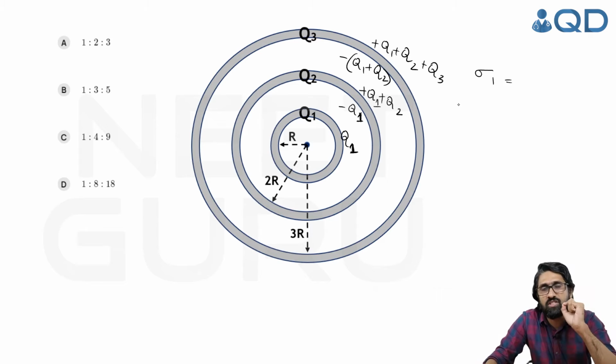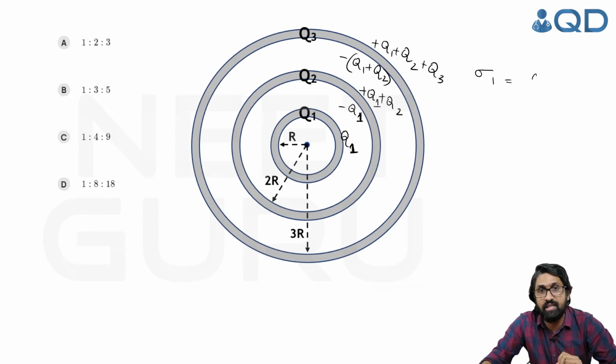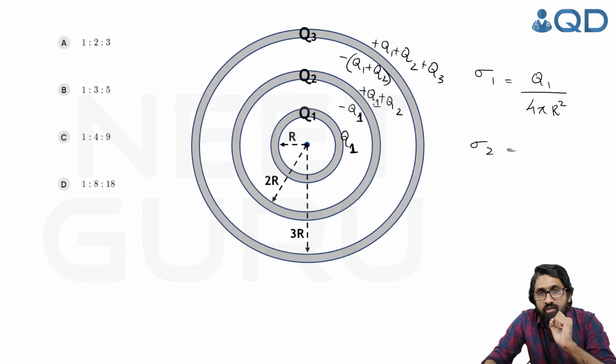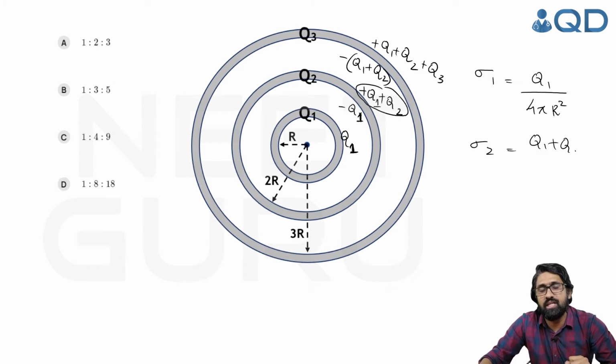Sigma 1, which is the surface charge density of the outer surface of the first shell, the innermost shell, will be the charge on it, that is q1, divided by the surface area of the outer surface of the shell, which is 4 pi r square. The radius of the shell is r. Now, sigma 2 will be the charge on the outer surface of the second shell, that is q1 plus q2, divided by the surface area of the outer surface of that shell, that will be 4 pi into (2r) square, which is 4r square times 4 pi.